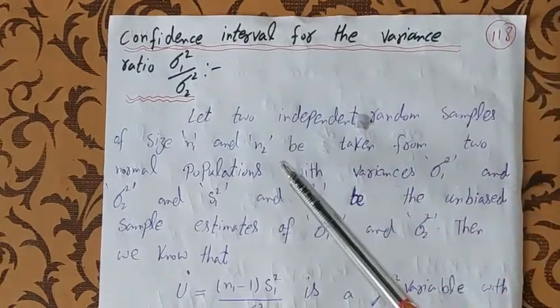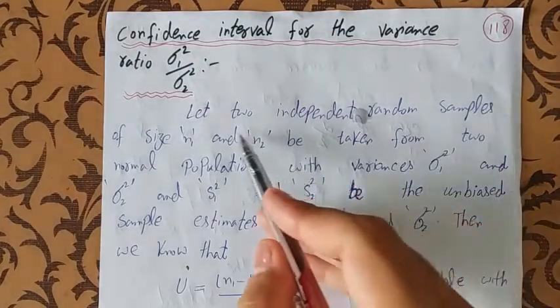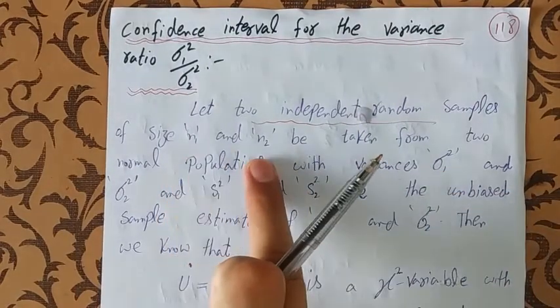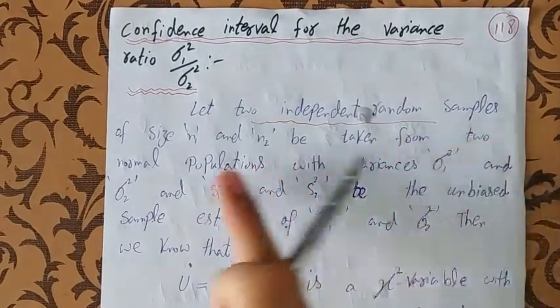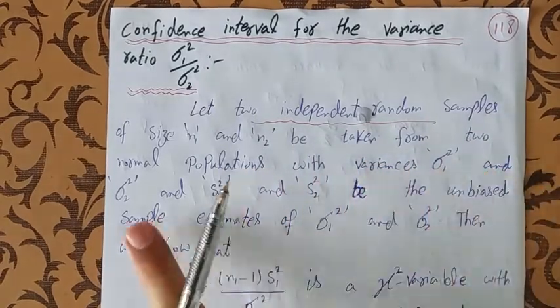Let two independent random samples of size n1 and n2 be taken from two normal populations with variance sigma 1 square and sigma 2 square.